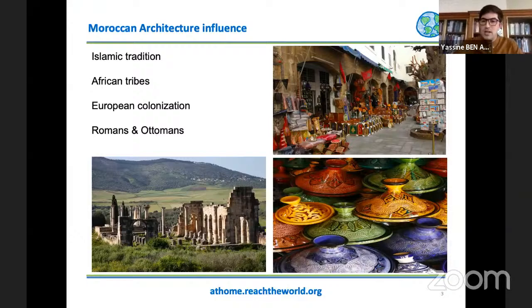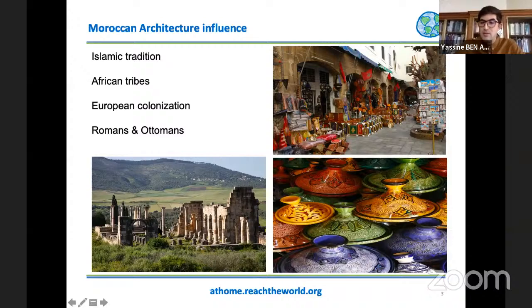Moroccan architecture was influenced by Islamic tradition, African tribes, in addition to European colonization, and also the Romans and the Ottomans. As you can see here, we have this picture of Volubilis, these are remains from the Romans.